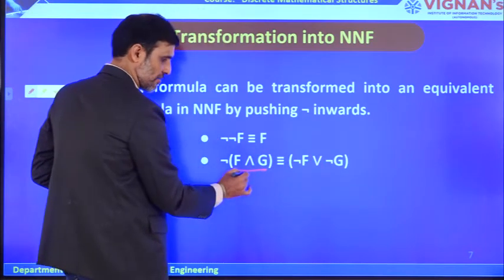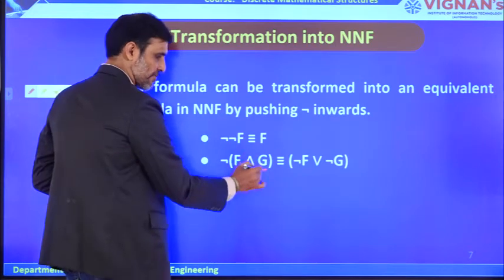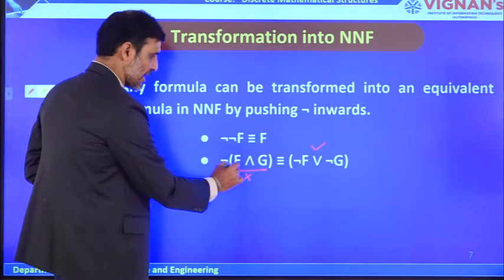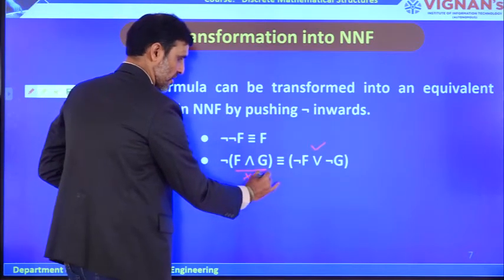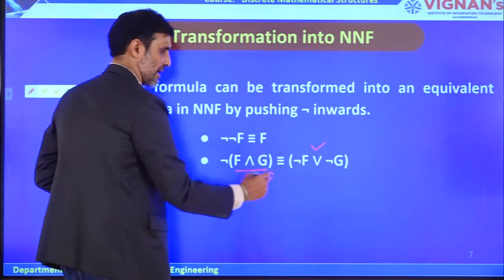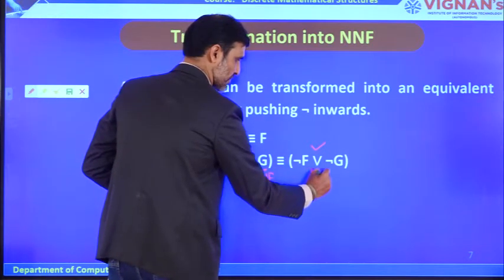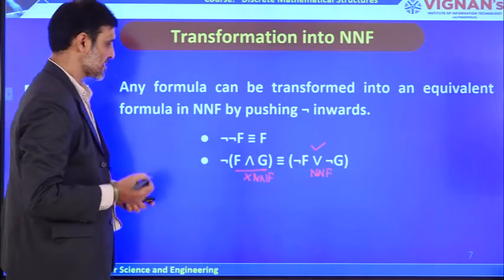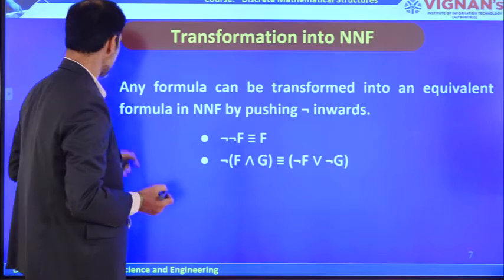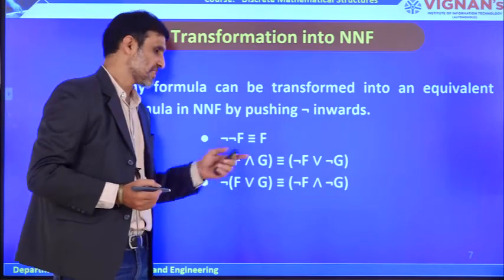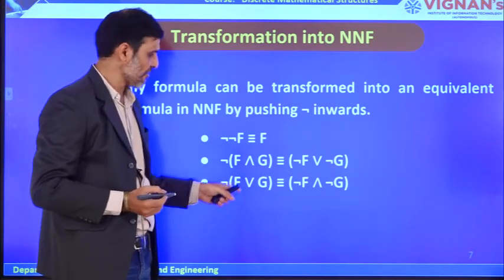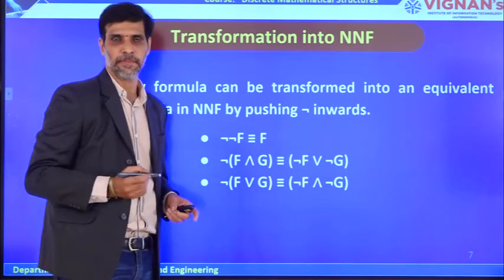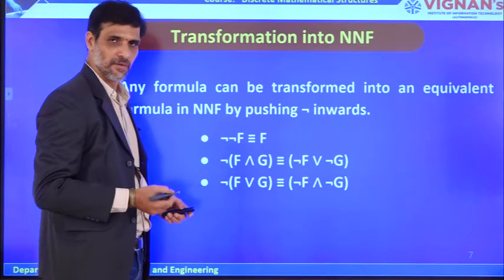Even though ¬(F ∧ G) is not in NNF by definition, we converted it into the form ¬F ∨ ¬G, which is in NNF. This is how we can convert it into NNF. In a similar way, the other De Morgan formula is ¬(F ∨ G) equals ¬F ∧ ¬G.